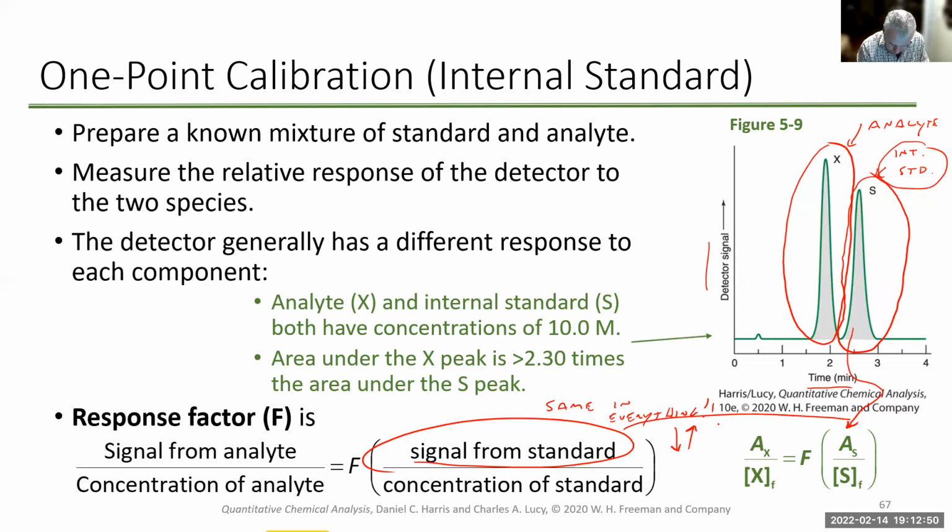But since you know its concentration and you know its signal, if the signal goes down for the internal standard, you know to expect the signal from the analyte to go down.